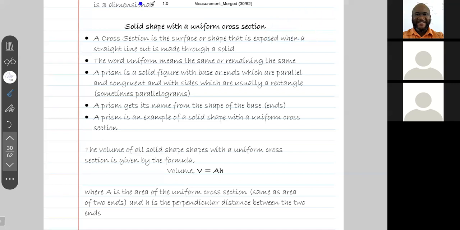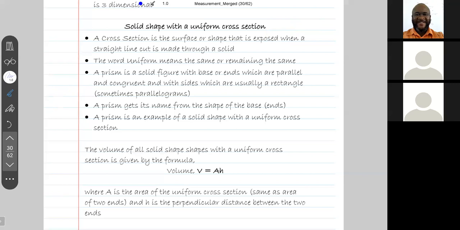If you go to the ear doctor, you will see a cross-section of an ear. So you get a cross-section when you make a straight line cut through a solid. The surface that is exposed is called the cross-section.